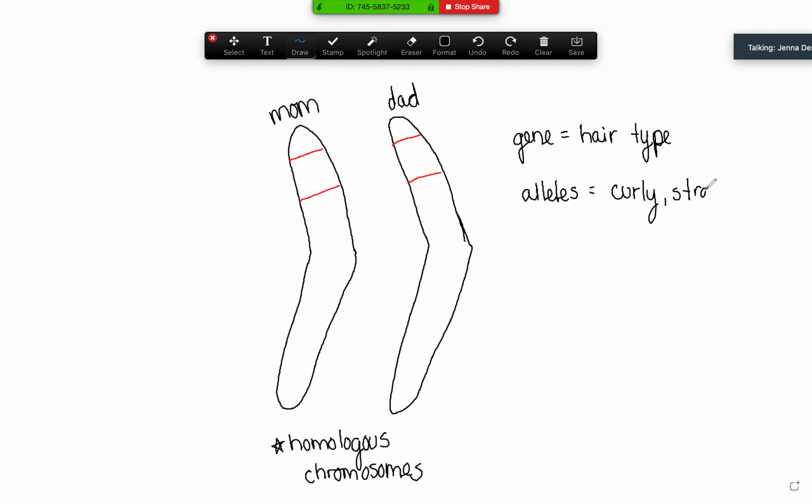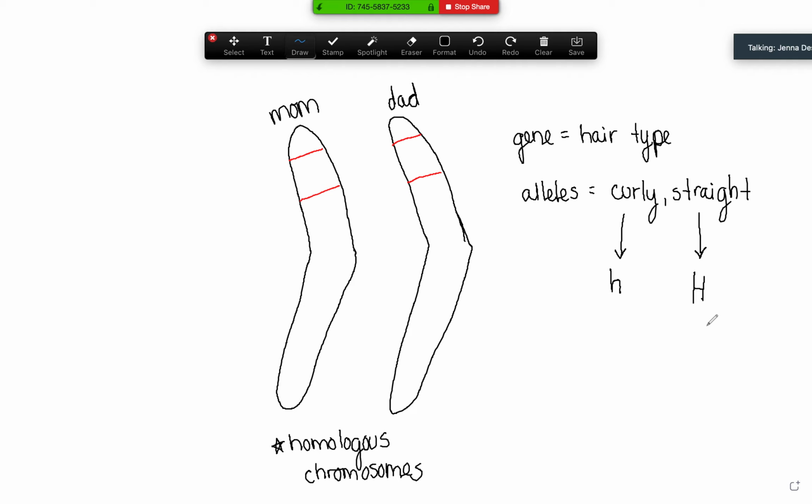Curly hair, straight hair. The way that scientists actually like to represent alleles is through letters. So instead of writing curly or straight, scientists might represent these with letters. So I'm going to write a capital H right here and a lowercase h right here.